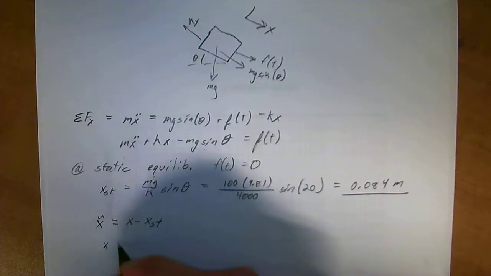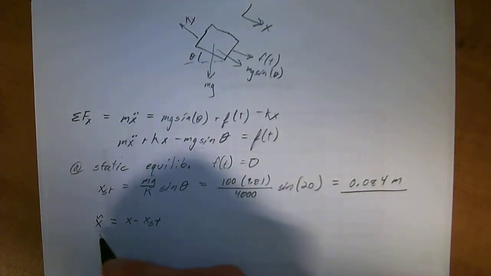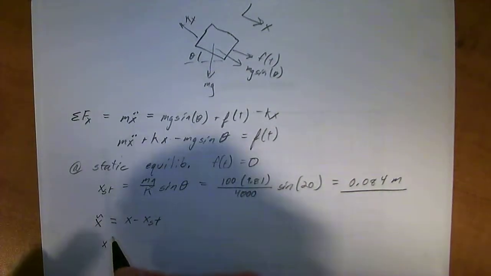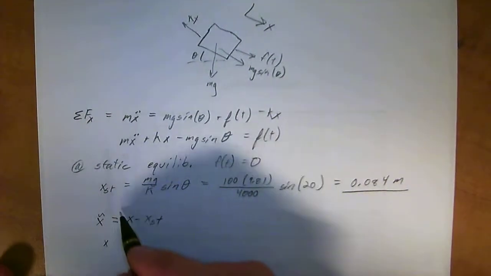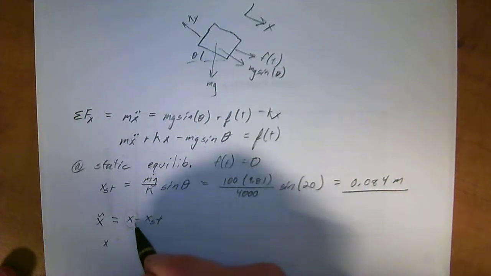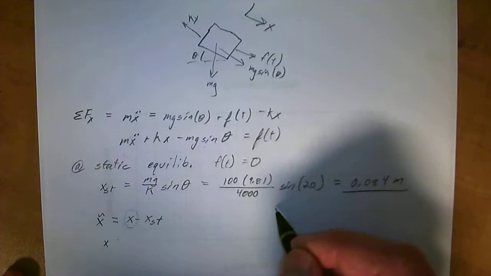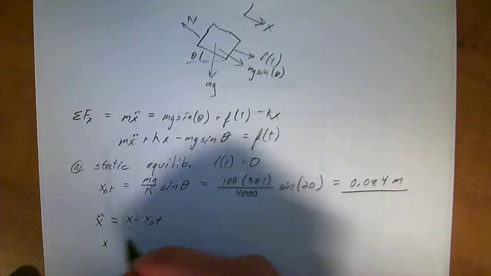So then we want to actually find x, because we want to know what the total response from the forcing function is. You could solve for just x tilde, and that would be a little bit simpler, but if we're looking for the total response, you have to find the total response right here, which will include the static function basically.